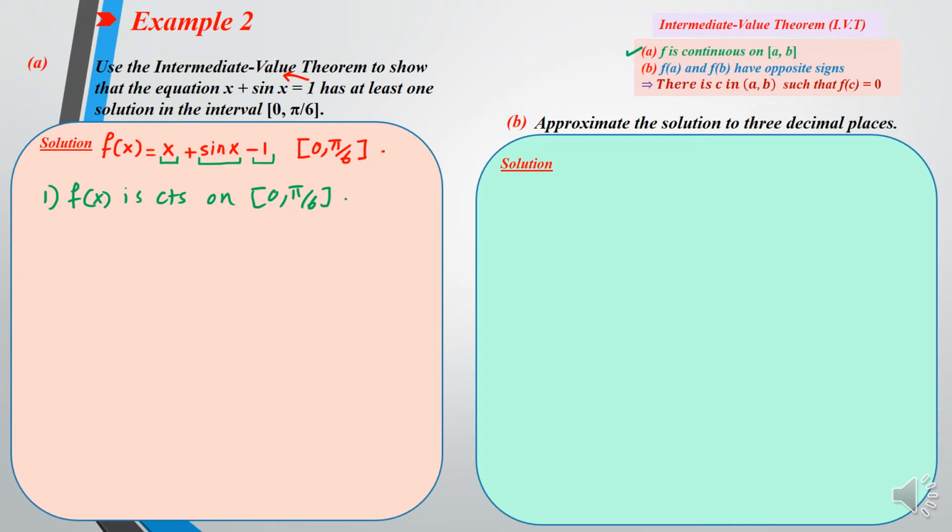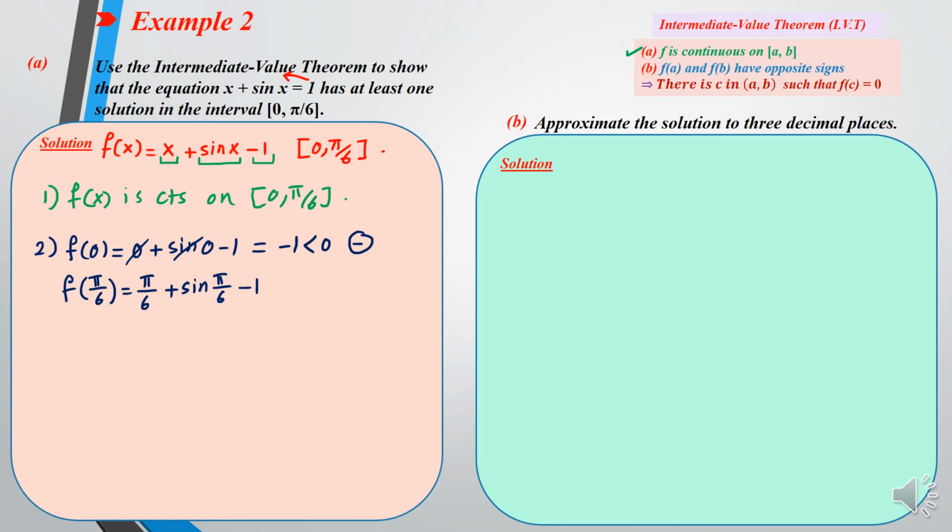Secondly, you have to find f of 0 and f of pi over 6. So f of 0 equals 0 plus sine 0 minus 1, and 0 plus sine 0 is 0, minus 1 will be negative 1, less than 0. So f of 0 is negative. Then you have to find f of pi over 6, which equals pi over 6 plus sine pi over 6 minus 1.